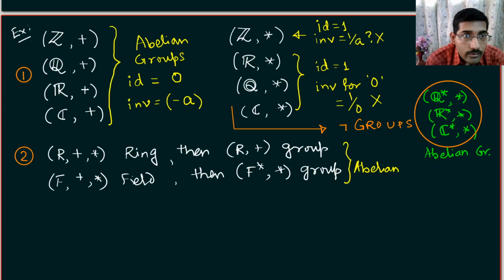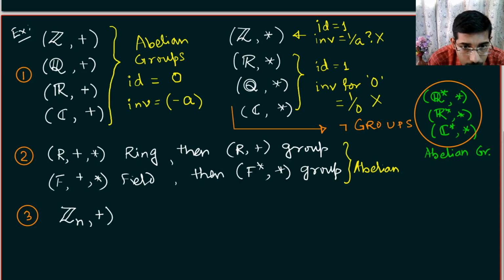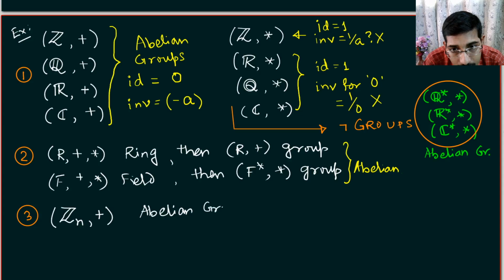Now, the third kind of example that we always find is, for example, Zn with respect to plus, that is the set of all equivalence classes of integers modulo n. So this is definitely an abelian group.